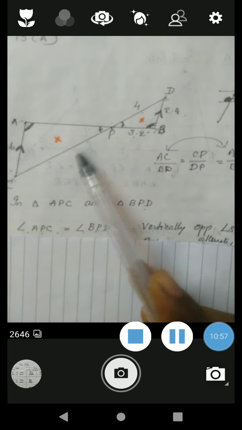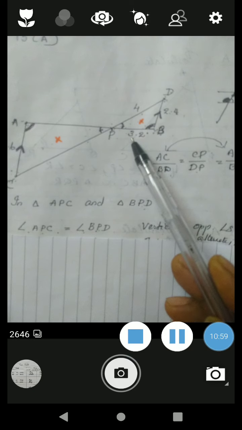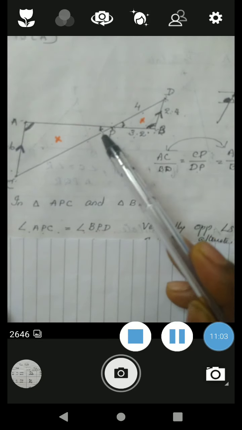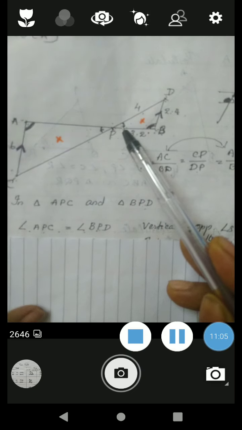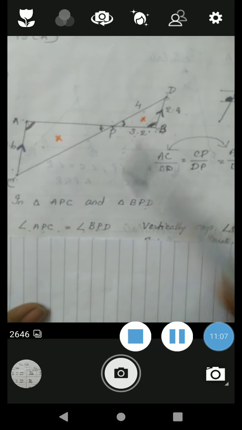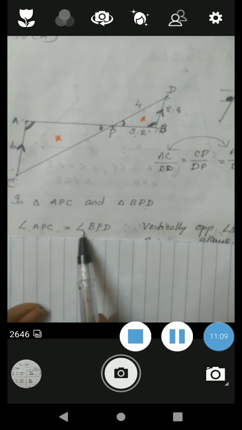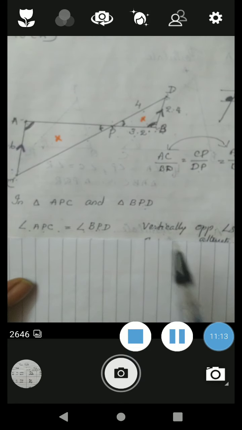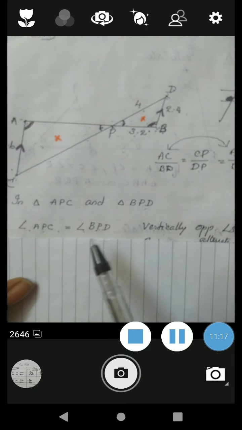In these two triangles, we can see these two angles. These two angles are vertically opposite angles. Therefore, these two angles are equal. Therefore, angle APC equals angle BPD, vertically opposite angles. Here statement, here reason, as usual.